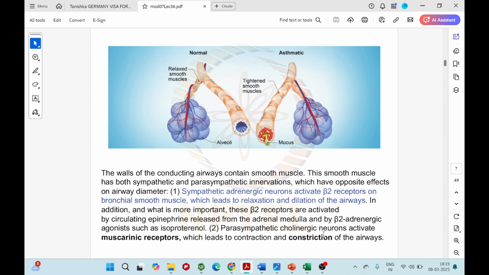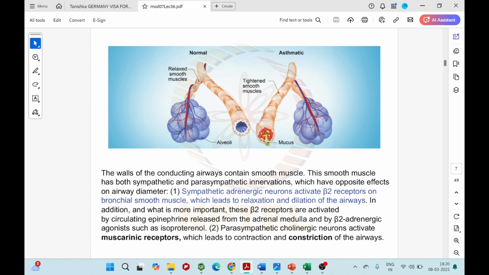Cholinergic neurons activate the muscarinic receptors, and it leads to the contraction and constriction of the airways. So if the sympathetic nervous system gets activated, it causes the smooth muscle to relax, widening the airways. However, if the parasympathetic nervous system gets activated, it causes the airways to undergo constriction.